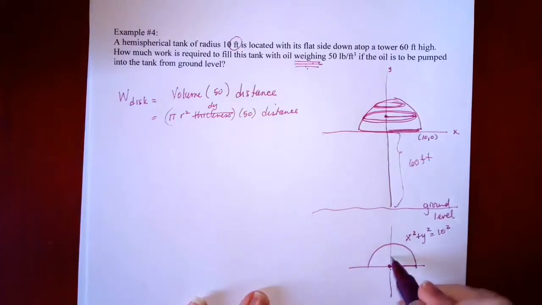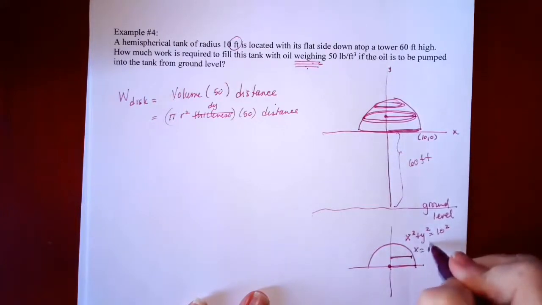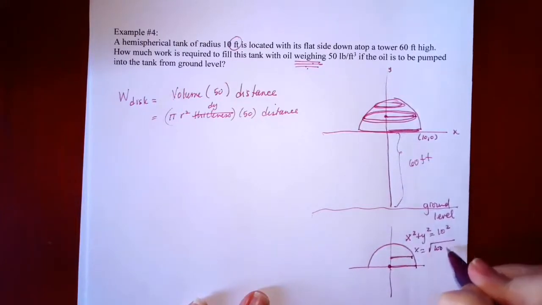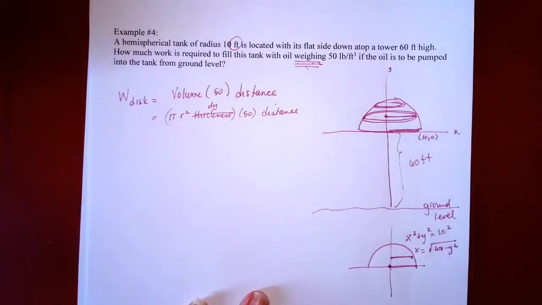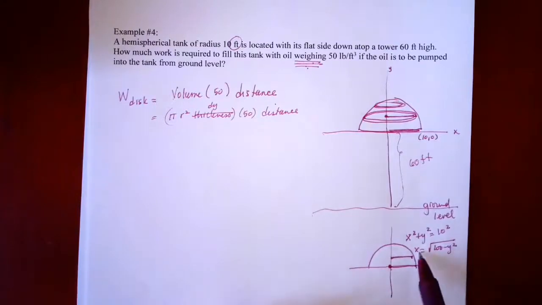The radius is just the x distance from the y-axis out to that graph. So x would be the square root of 100 minus y squared, just moving the y squared over with the 10 squared. Now, why did I pick the positive x? Well, it's because I went to the positive side. If I had drawn my radius to the left-hand side, my x would have been negative.